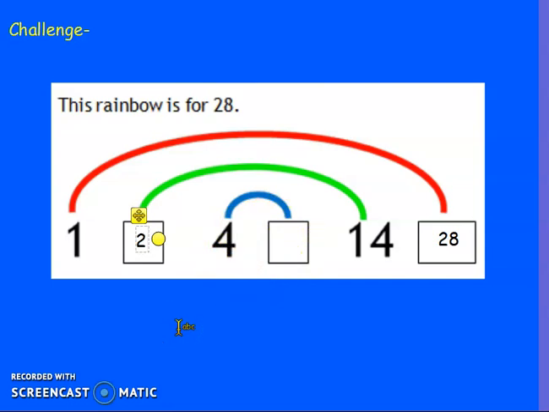Let's count up in our 4 times table. 4, count with me, 8, 12, 16, 20, 24, 28. That's right, 4 times 7 equals 28. So the factors of 28 on this rainbow are 1, 2, 4, 7, 14 and 28.